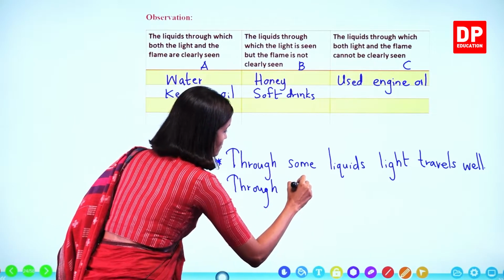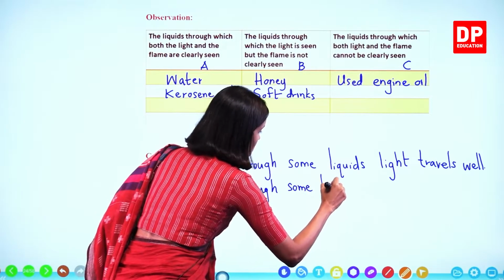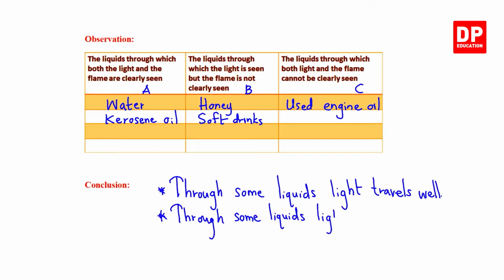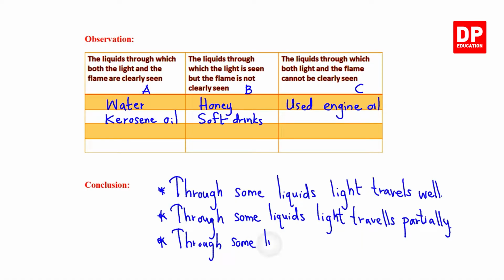Through some other liquids, light travels partially. And finally, through some liquids, light does not travel.